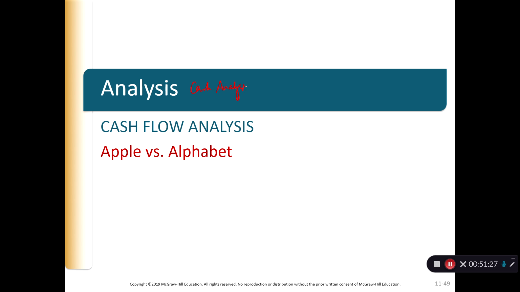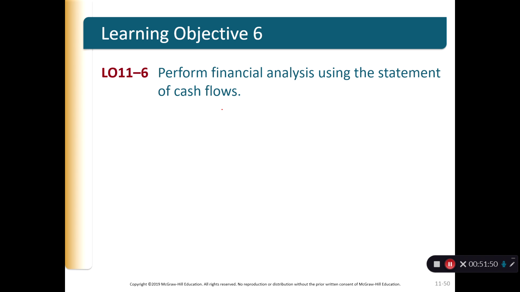Okay, so now we want to do something related to cash analysis, right? Cash analysis is usually related to liquidity, whether this company can pay the debt or meet the cash demand in a short period of time, in the short term. So we want to use Apple and Alphabet, the mother company of Google. Let's look at this example.